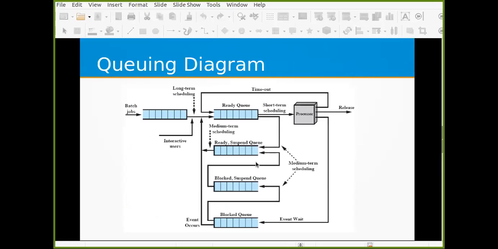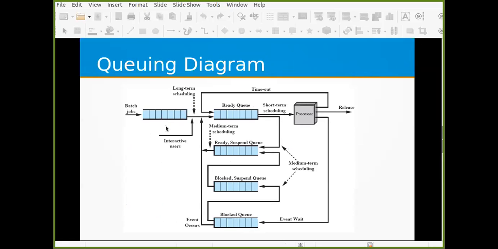Again, this is a similar thing. It shows where every scheduling algorithm is used in queuing form. Otherwise, it is nothing but states. See, ready queue, ready suspend queue, block suspend queue, and block queue. And this is the queue of newly created jobs.